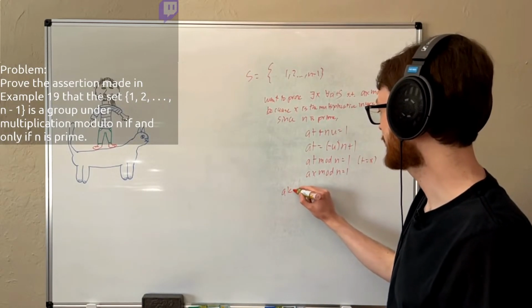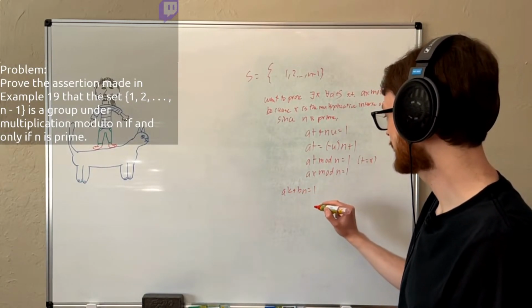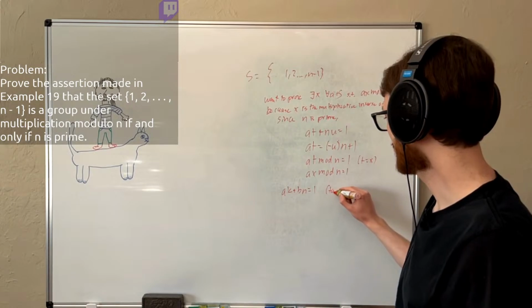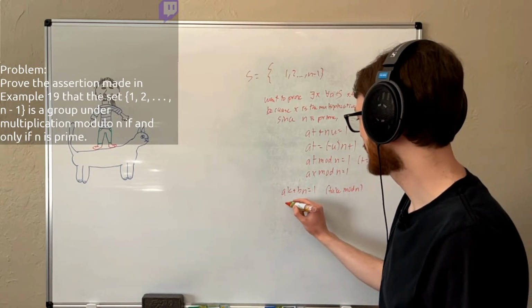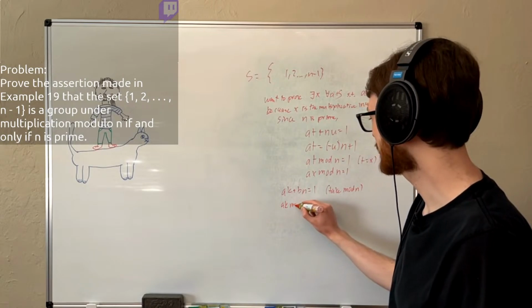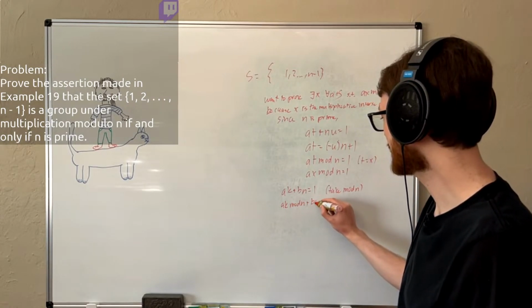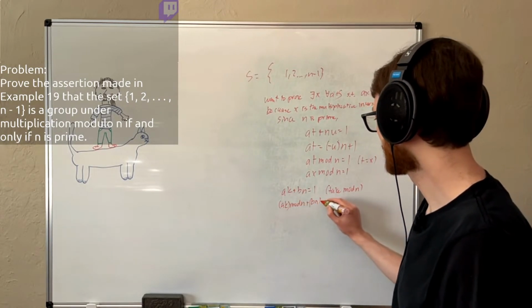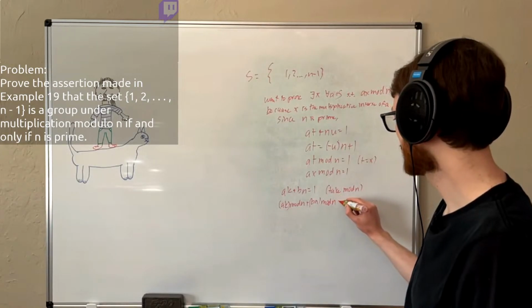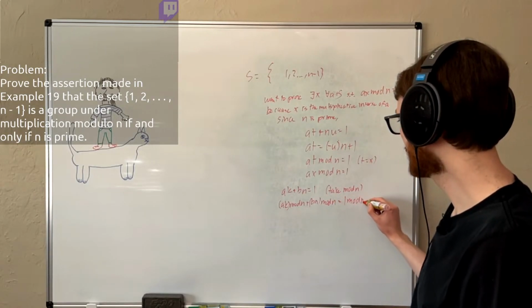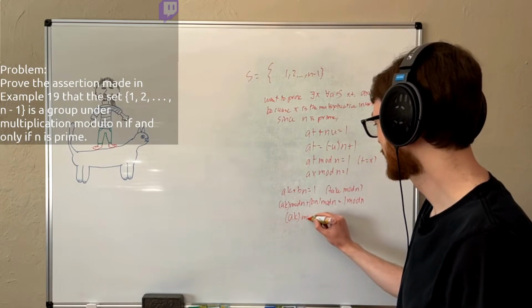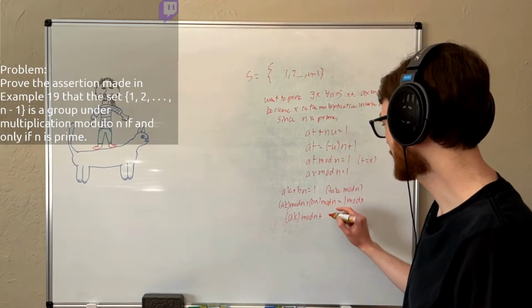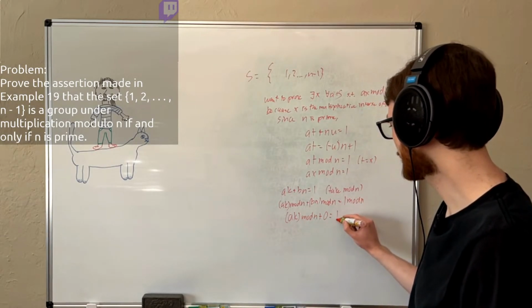So you have ak plus bn equals 1. Take mod n. We would have ak mod n plus bn mod n equals 1 mod n. ak mod n we don't know, I think. bn mod n is 0. 1 mod n is just 1.